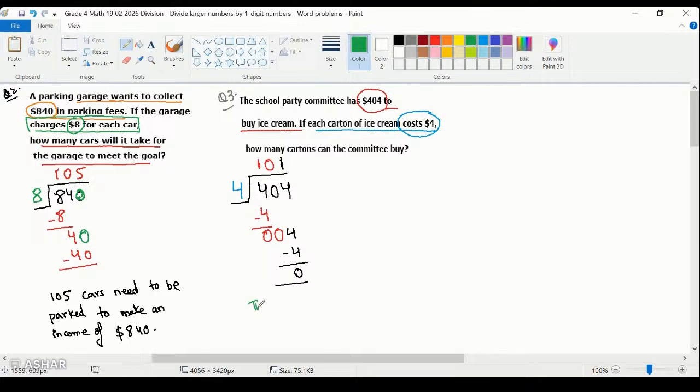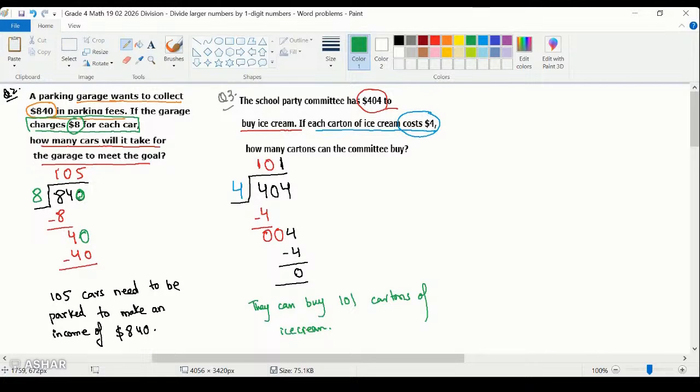They can buy 101 cartons of ice cream. Agreed? So the total money we had, we divided by the individual cost.